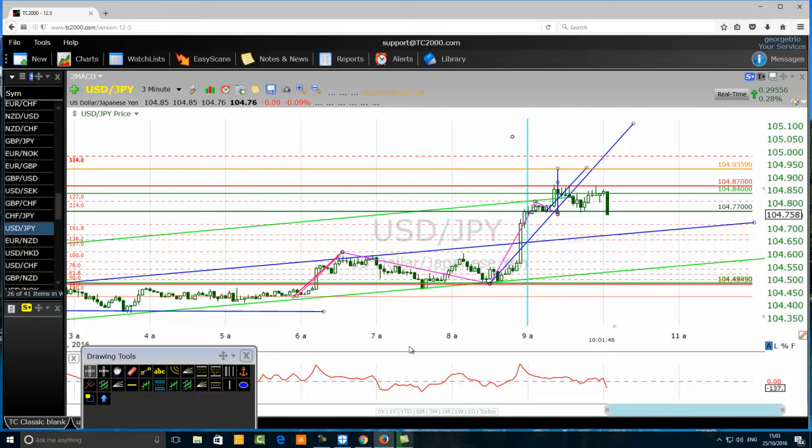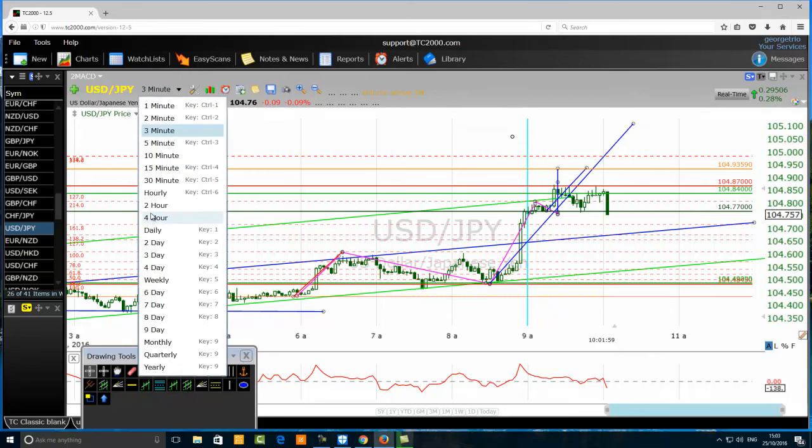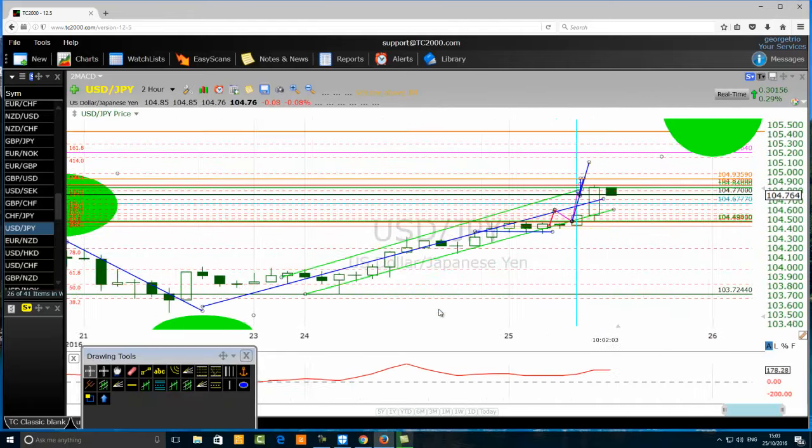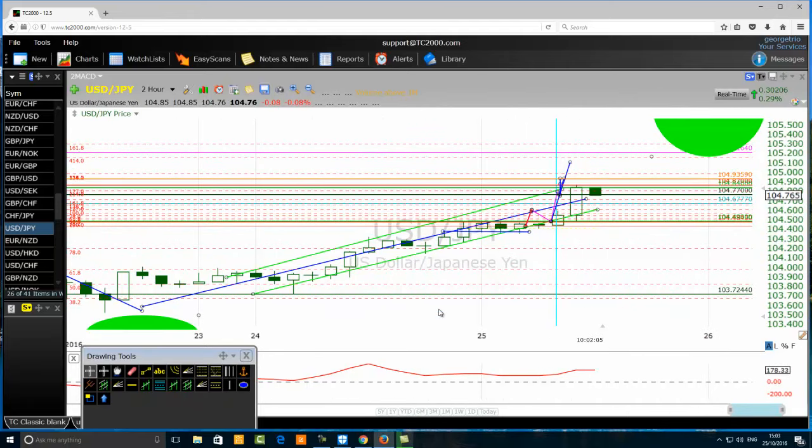It's working great. Now that I am in this trade and I've survived the pressure that was pushed on me quite close, I'm going to set my profit target. So for that, I'll go to the 2-hour time frame where I have my training set down, and I want to see how much I can gain out of this trade.